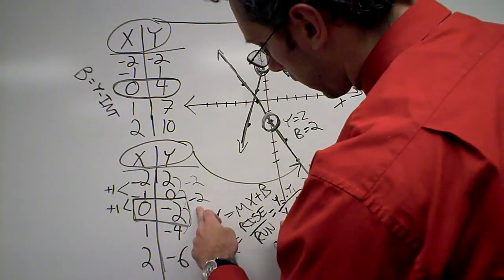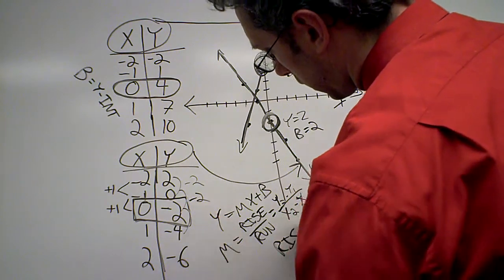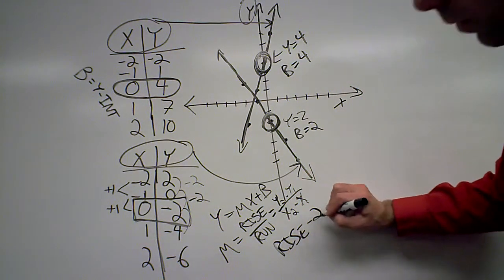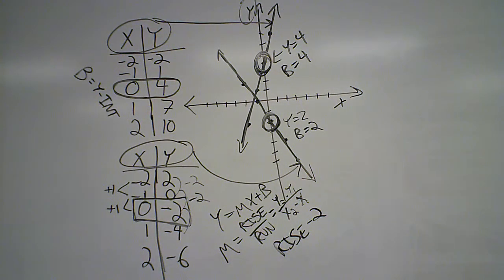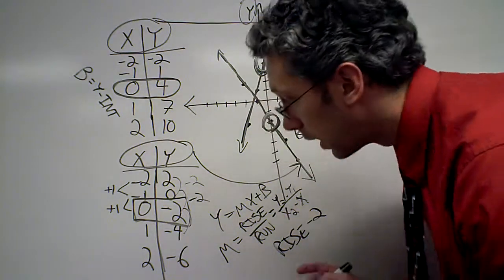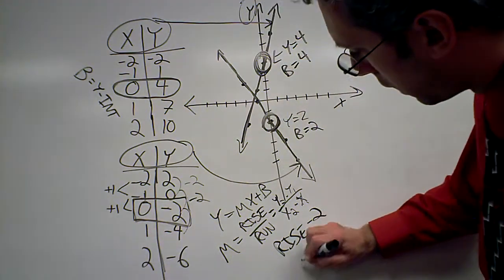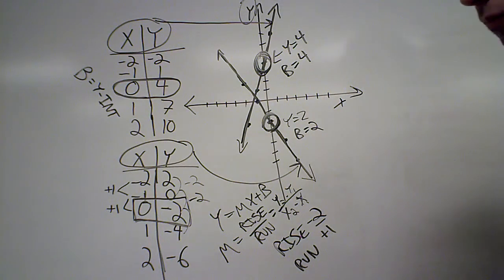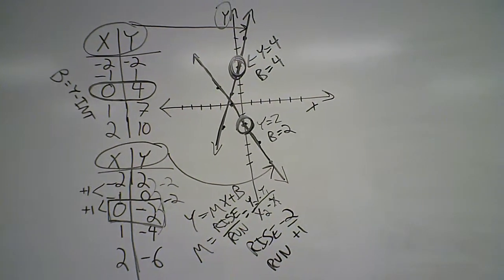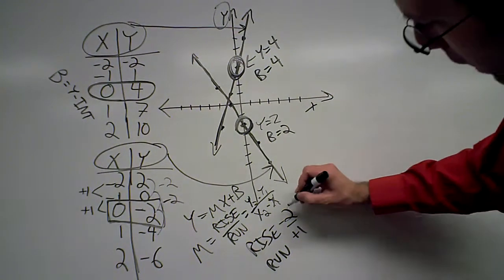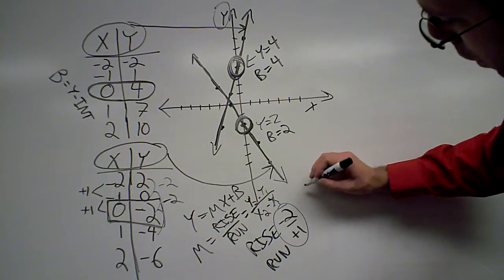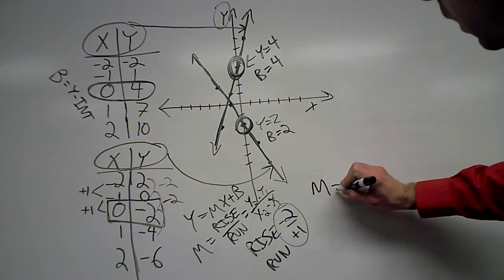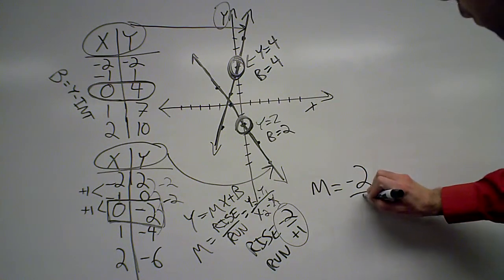So our rise is -2. And our run, which is over here, is +1. So in this example, we have a rise of -2 and a run of 1, so our m is equal to -2 over 1.